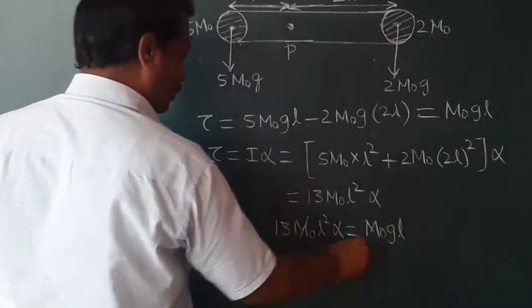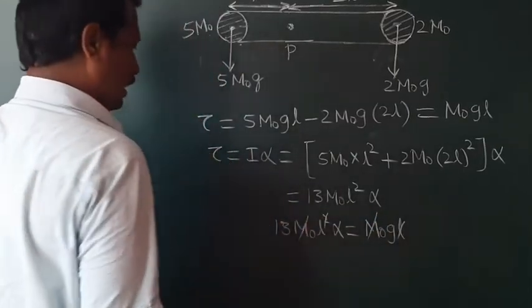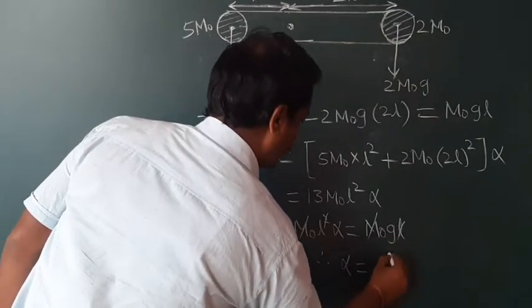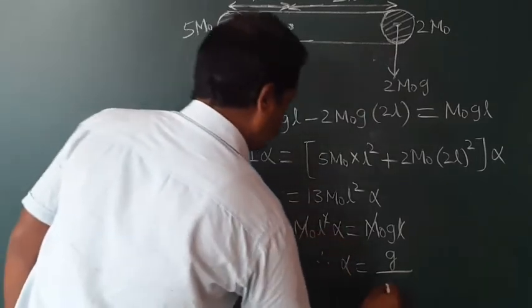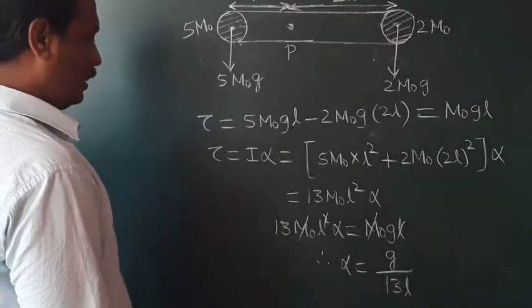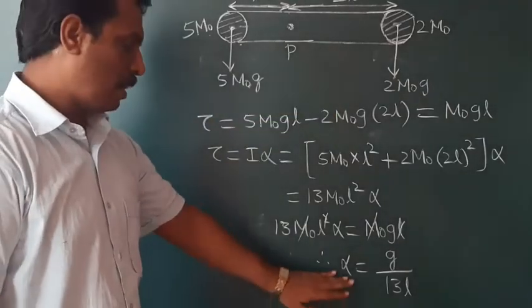Now here m0 gets cancelled. Here 1 L gets cancelled. Therefore alpha is equal to g divided by 13L. This is the angular acceleration of the rod, and this is the answer.